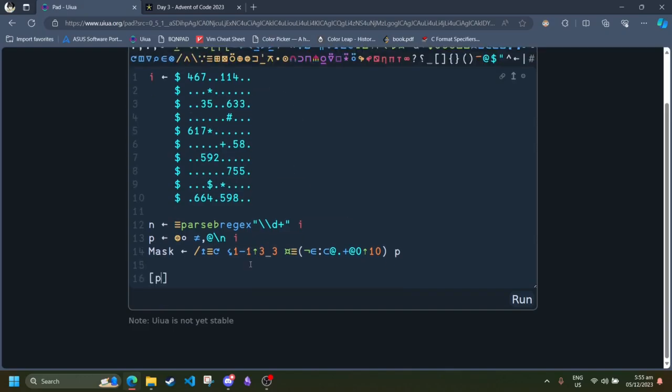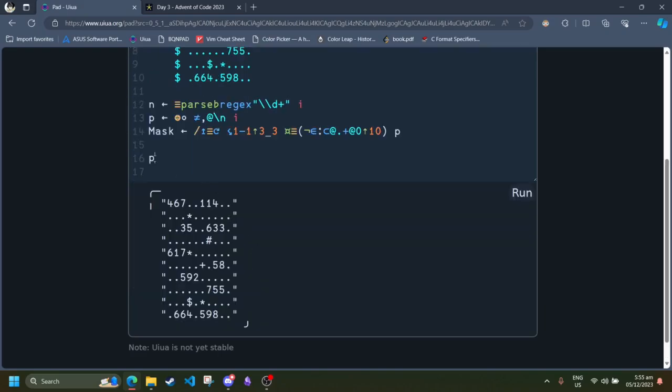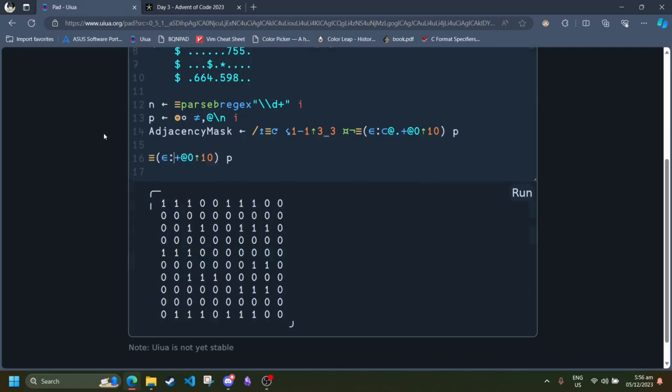So let's go back to our parsed input. Now again, we look for our numbers. It should be per row. We'll check plus character 0 on range 10, membership.